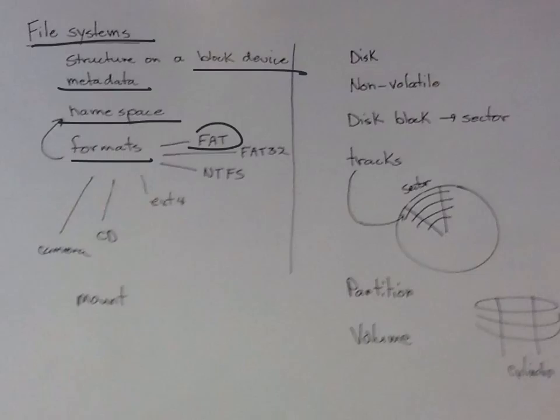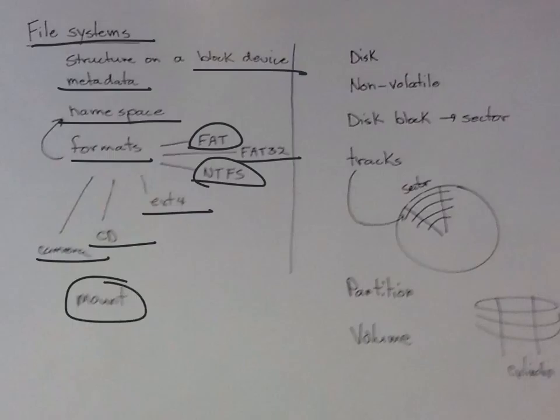Formats: we talk about the FAT file system, FAT32, NTFS, ext4. CDs have a file format, maybe your camera has a file format. And so we can mount these file systems. And so the namespaces can actually involve more than one file system.